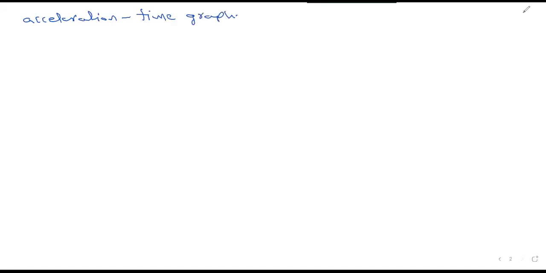Acceleration time graph means on the x-axis you take the time, on the y-axis you take acceleration.